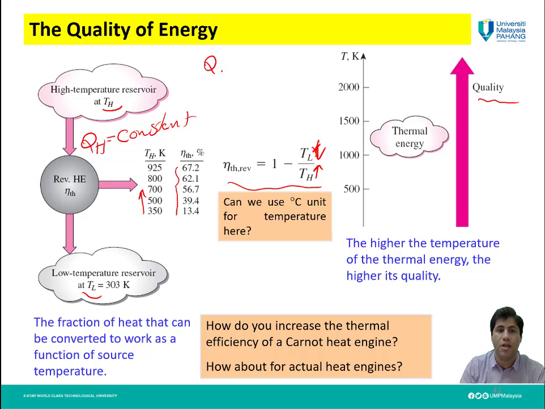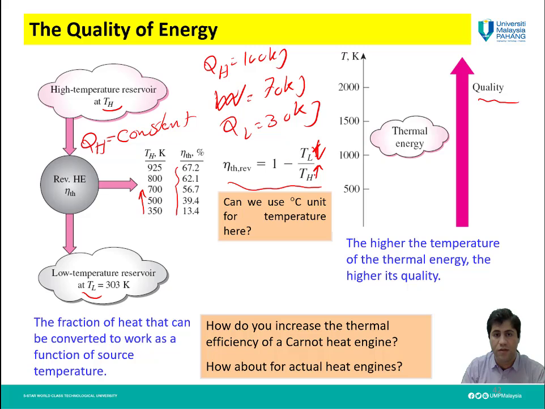In other words, if QH is 100 kilojoule and the efficiency is 70%, we can convert 70 kilojoule of that to work, and QL will be 30 kilojoule.